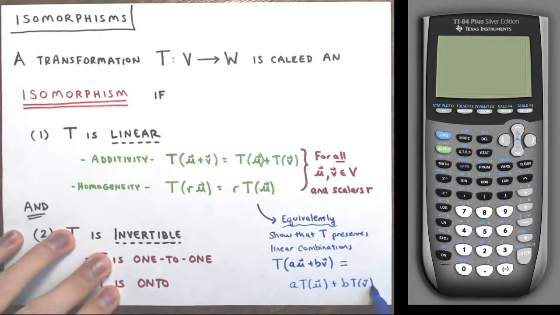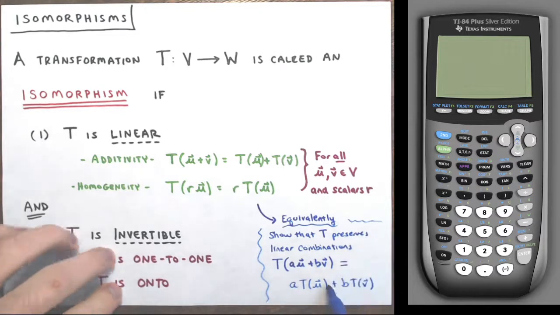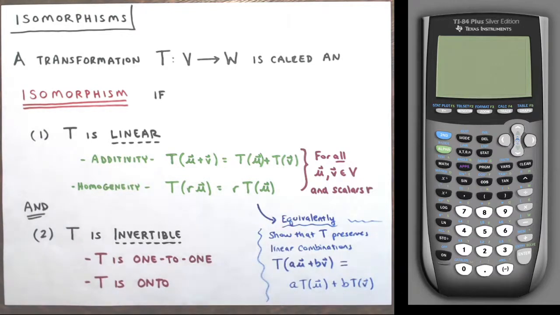If you can show this in one line, this really shows both of these at the same time. But like I said, I'm going to do each one separately. Nothing wrong with this, it's just my personal preference to show both additivity and homogeneity separately.